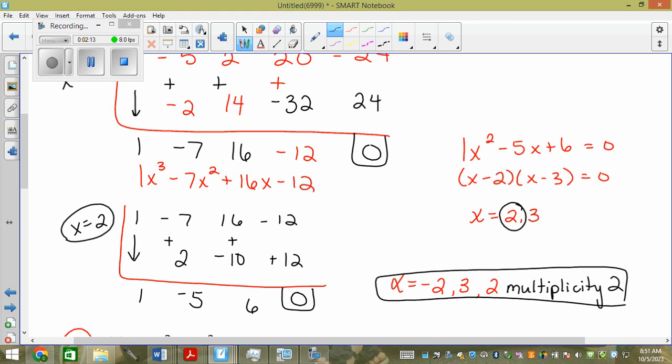So everyone type it into your calculator. Go. Every single one of you. Type it in.